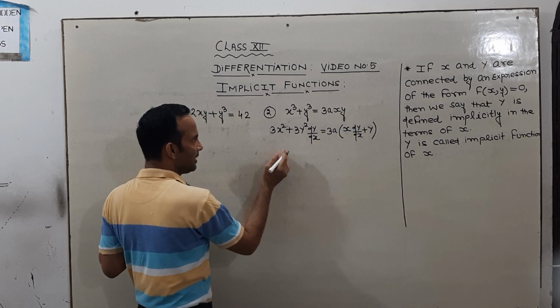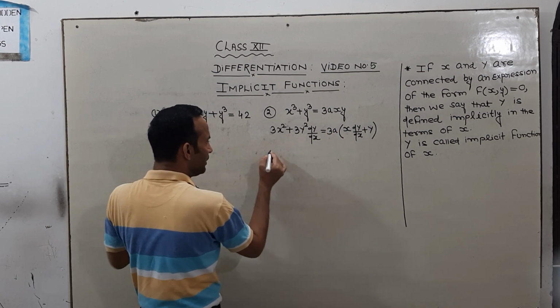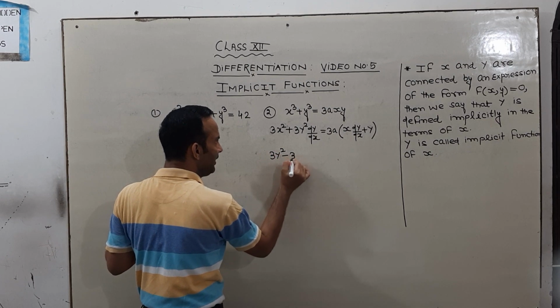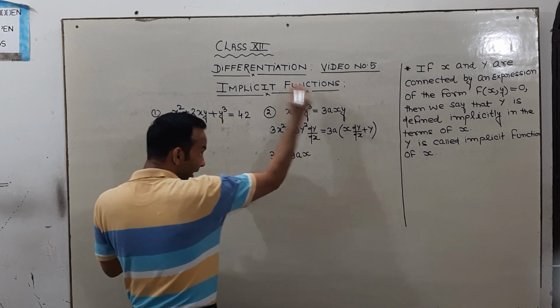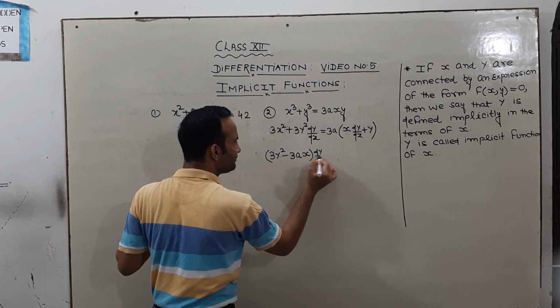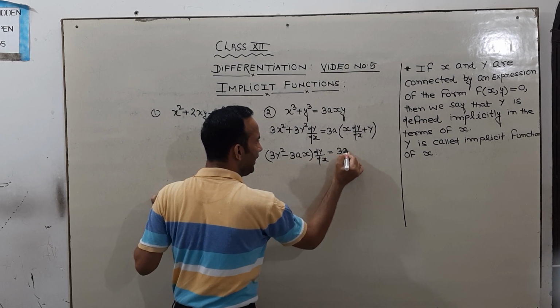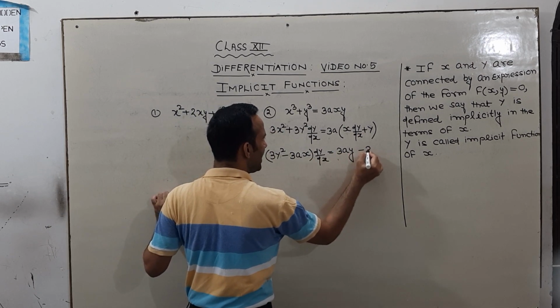Now separate dy over dx. Okay, 3y square minus 3ax, dy over dx, equal to what? 3ay minus 3x square.